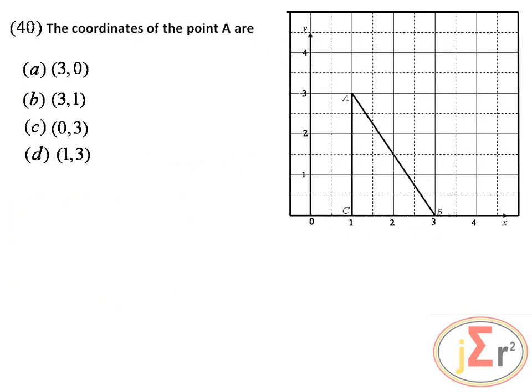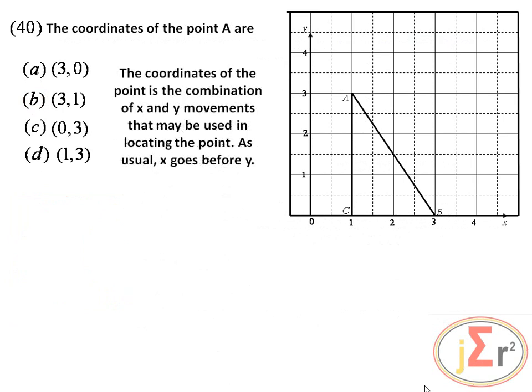The coordinates of the point A are, so we need to find the coordinates of this point, which is A. The coordinates of the point is the combination of X and Y movements that may be used in locating the point. As usual, X goes before Y. So X will be first, Y is second.